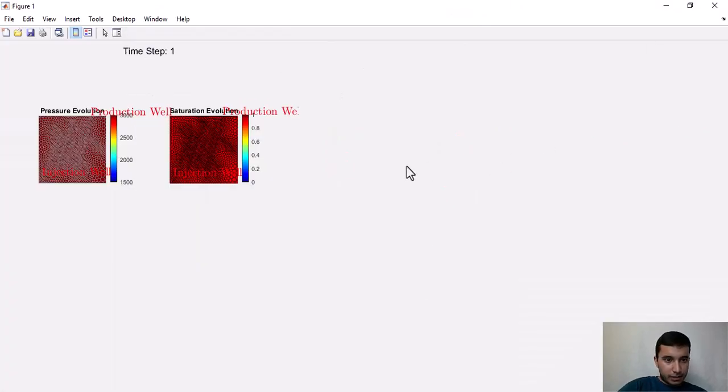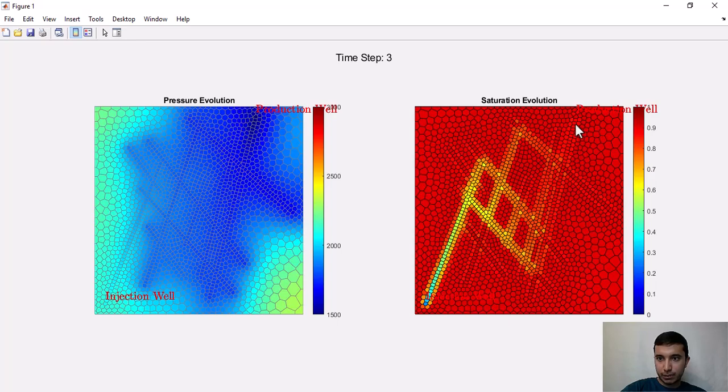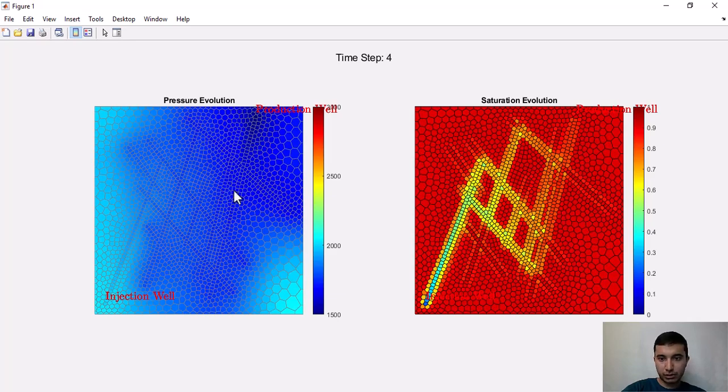And here they are. The water is being injected into this cell, and oil is being produced from this cell. This is the pressure distribution in the reservoir, and this is the saturation distribution in the reservoir.